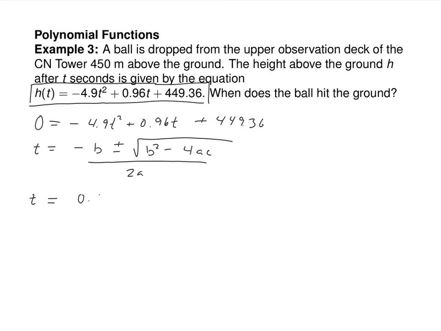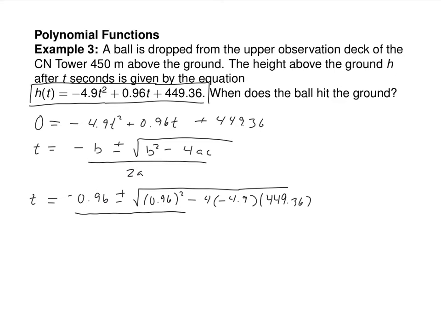You get negative 0.96 plus or minus the square root of 0.96 squared minus 4 times negative 4.9 times 449.36, all over negative 4.9 times 2. I'm not going to bore you with the details, I'm just going to tell you what you get.